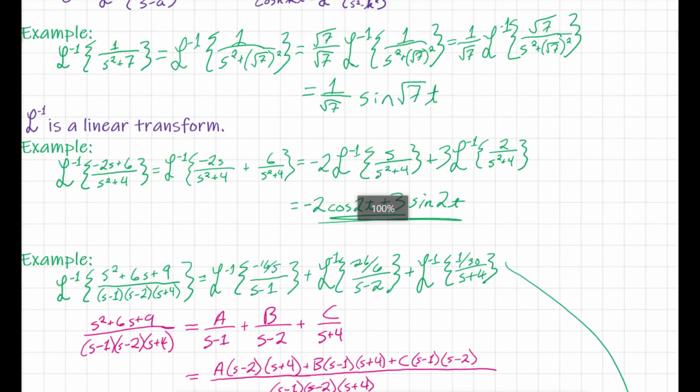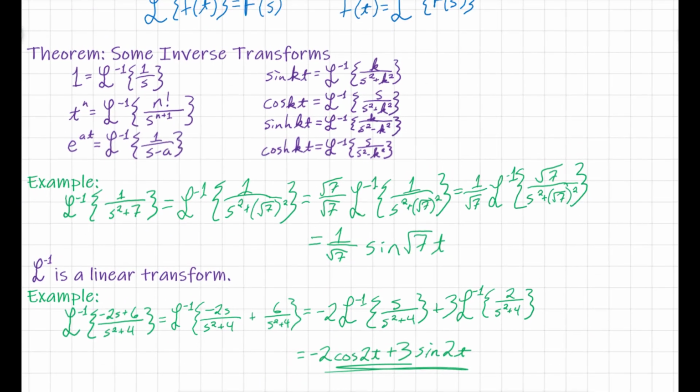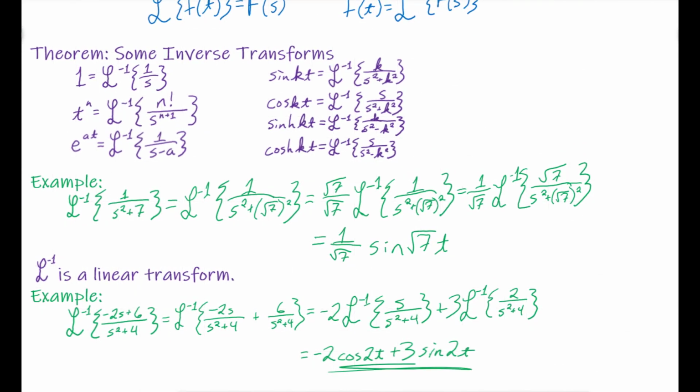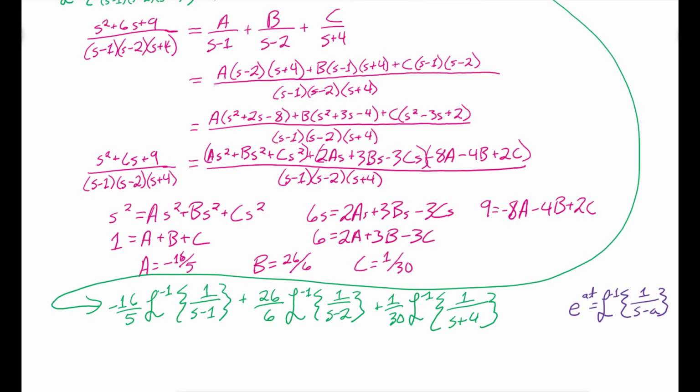Now, going back and referencing our theorem, 1 over s minus a is what these resemble the most. So that's e to the at. I'm going to just make a side note of that so we can pattern match here a little bit.